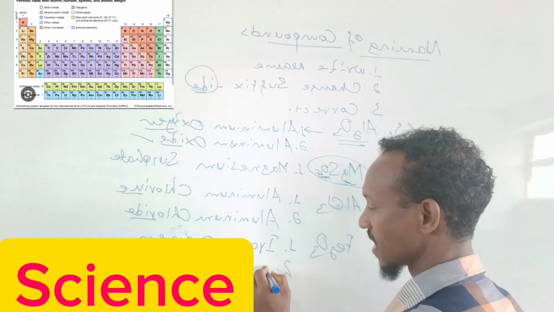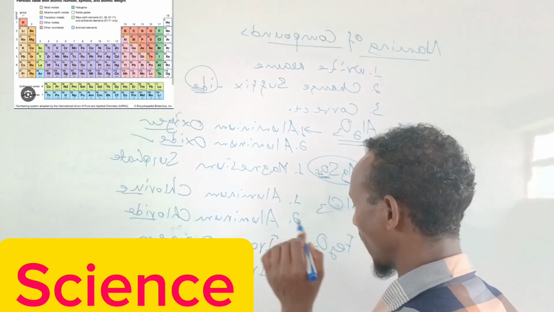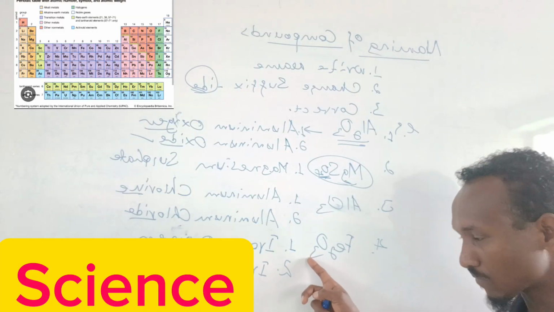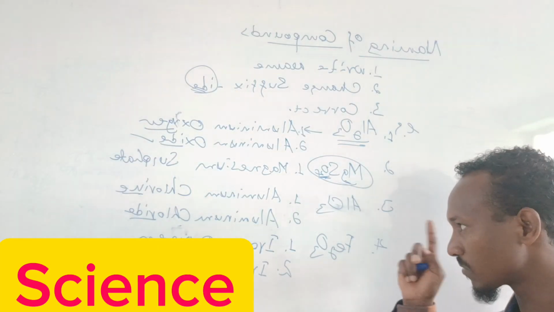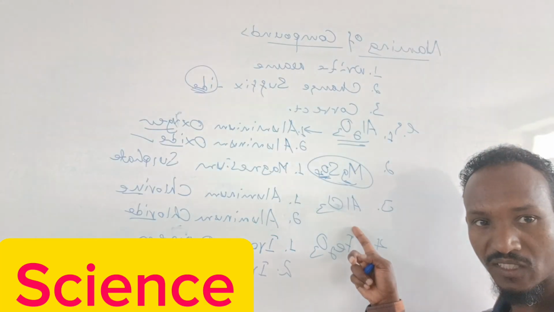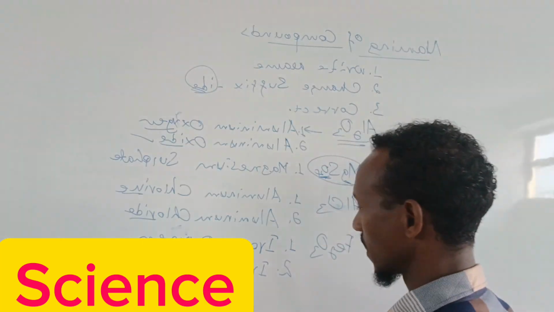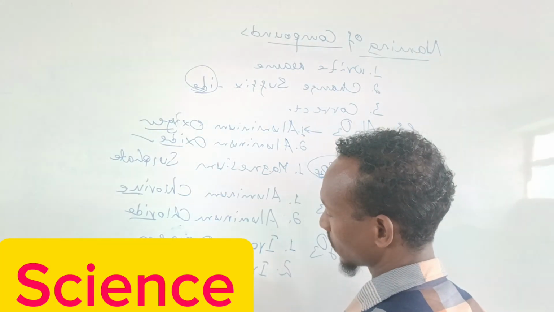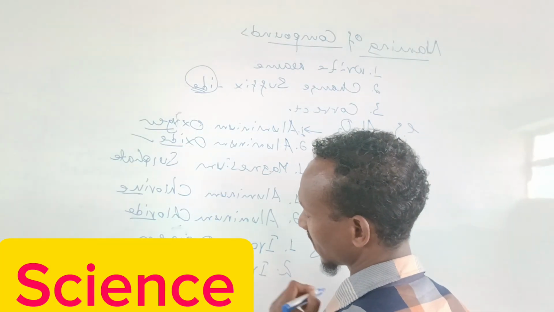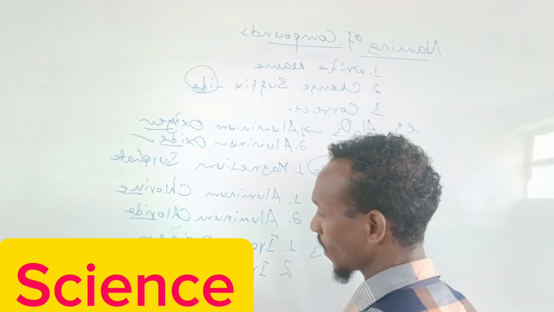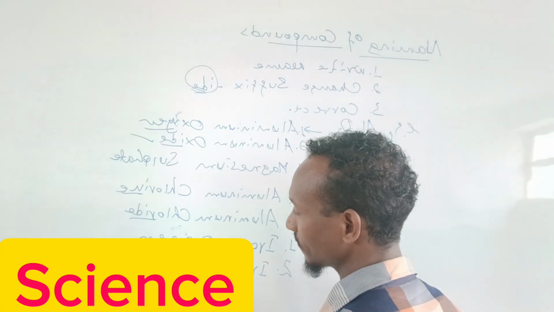Then use their valency. Iron has variable valency. The valency of iron in this compound is 3, because this subscript number comes from iron, the valency of iron, and this 2 is the valency of oxygen. So iron 3, we have to write the valency using parentheses. And there is also oxygen.